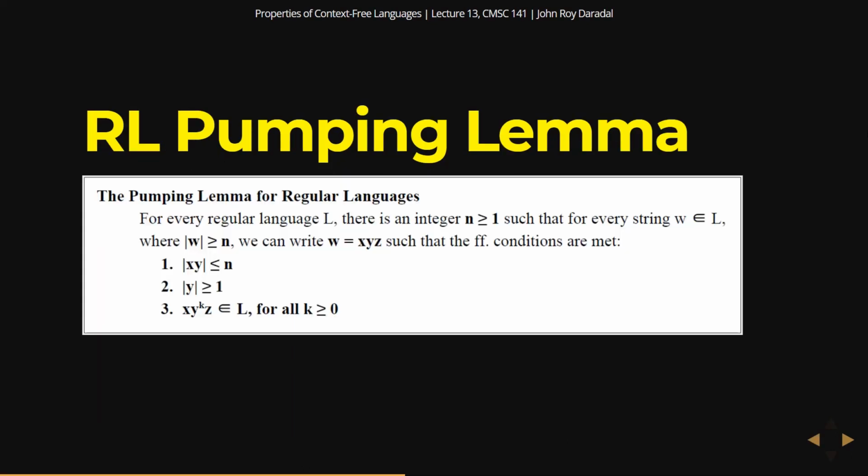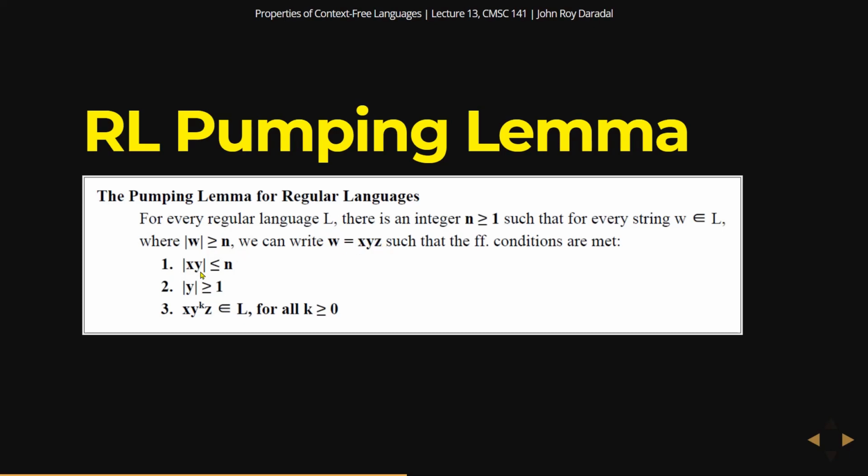Okay? So remember this from the pumping lemma for regular languages. For every regular language L, there's an integer n greater than or equal to 1, such that for every string w that's part of the language that's sufficiently long, so it's greater than or equal to n in length, we can divide or write w in three parts, x, y, z, such that the conditions are met.